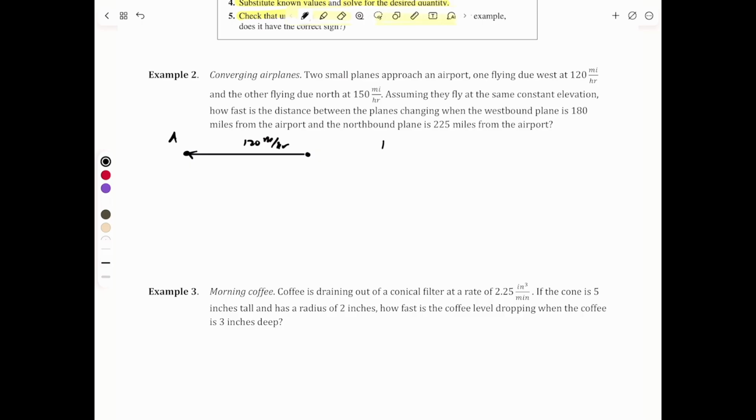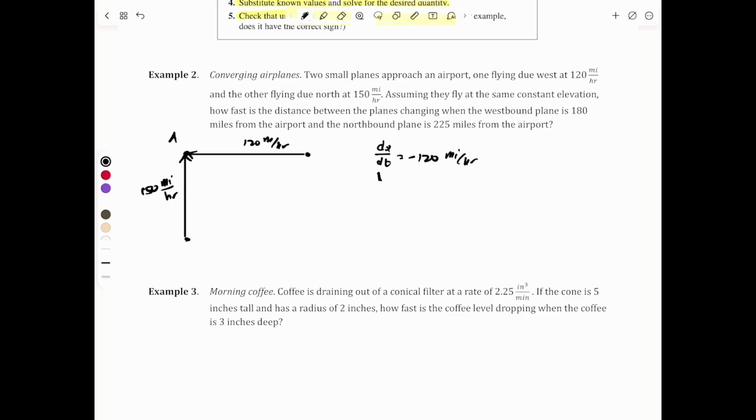So dx/dt, the way that x is changing over time, at that moment, is decreasing by 120 miles per hour. There's another pilot approaching the airport going due north, and this pilot's rate of change is 150 miles per hour.